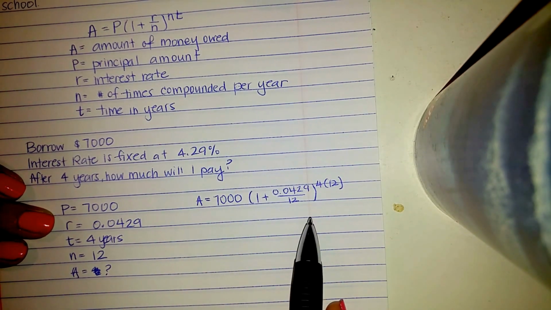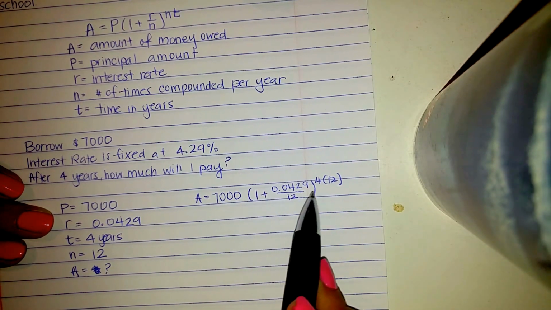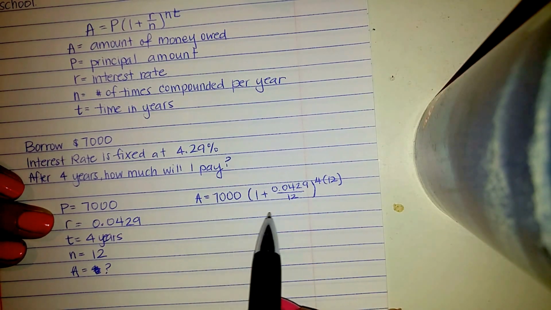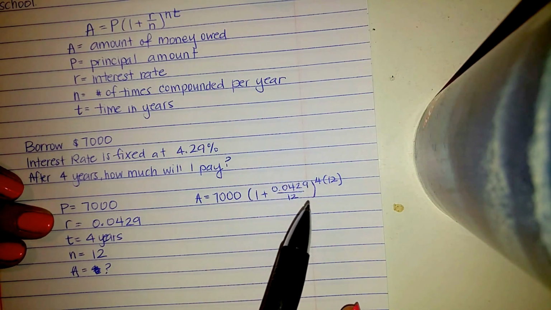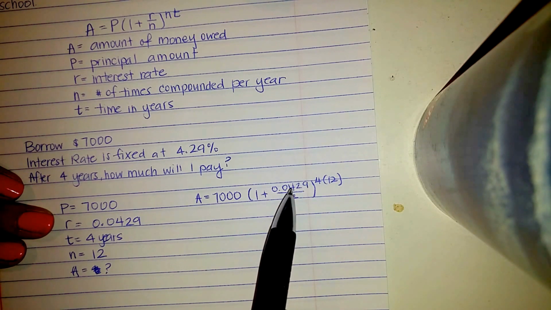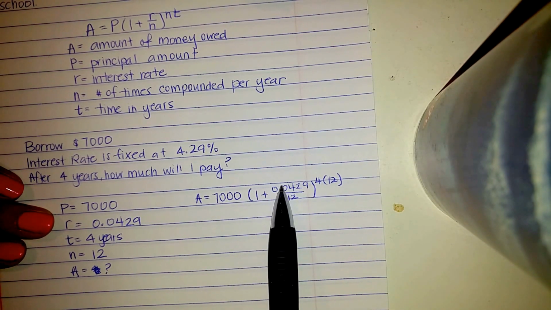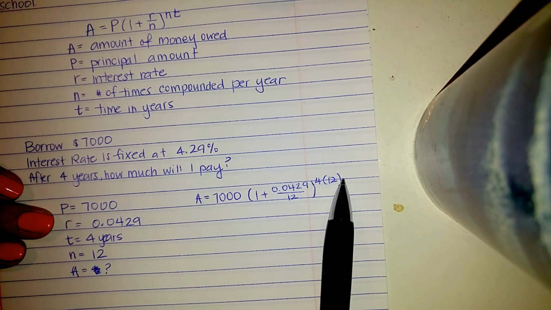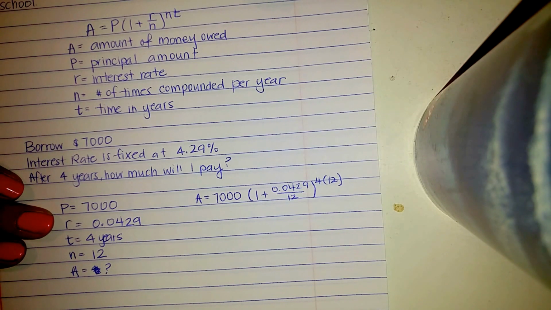Now I've plugged in everything I know, and now I'm going to just use my calculator to simplify this whole expression. Be careful, use order of operations to complete this problem. You have to take care of what's inside the parentheses first, and then the exponent, and then the product here.